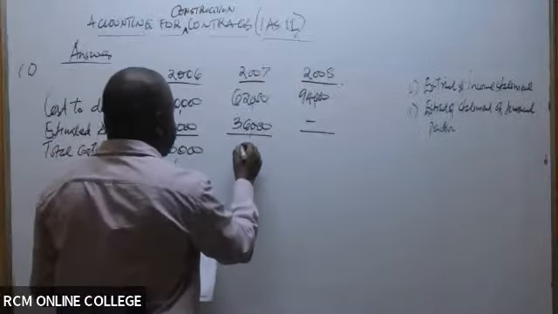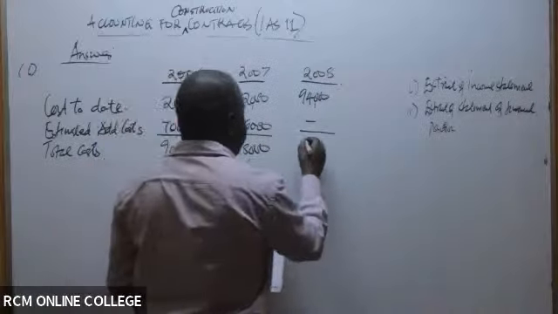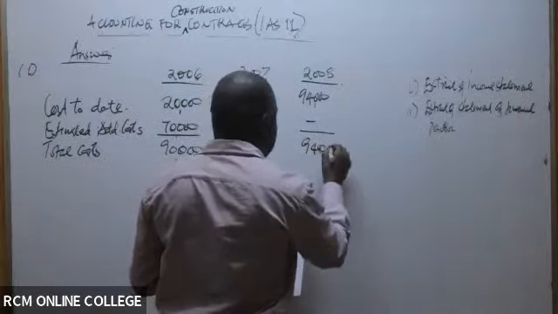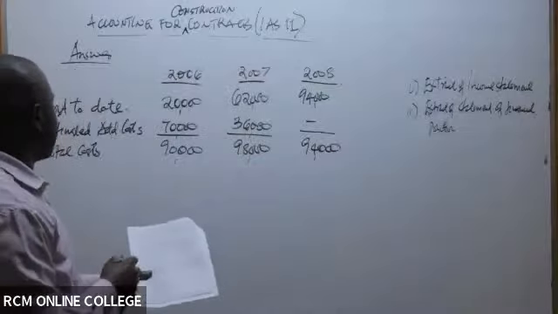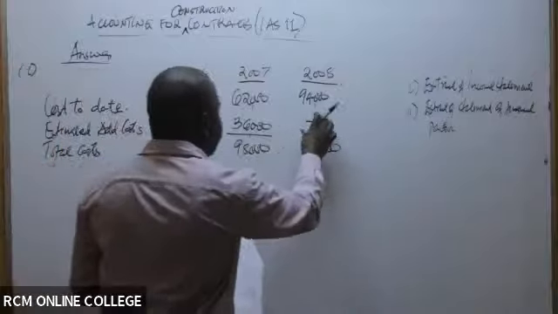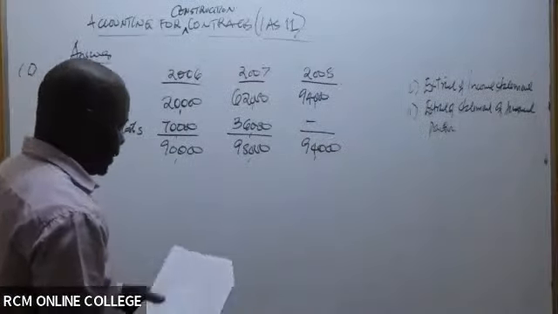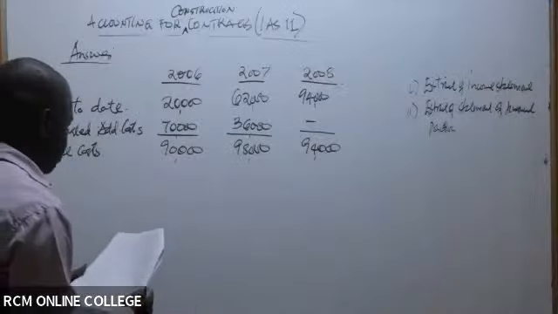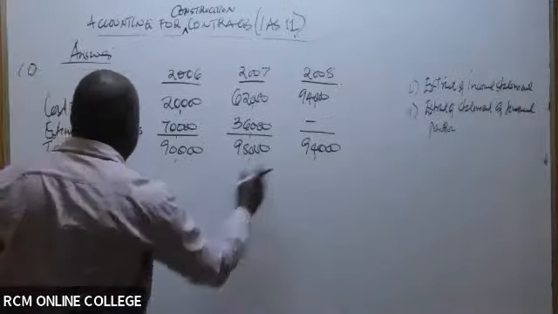This one will be 98 million. This one will be 94 million. So there can't be estimated additional cost here, because the project ends there. You can't add other costs again. Where did you get those from?